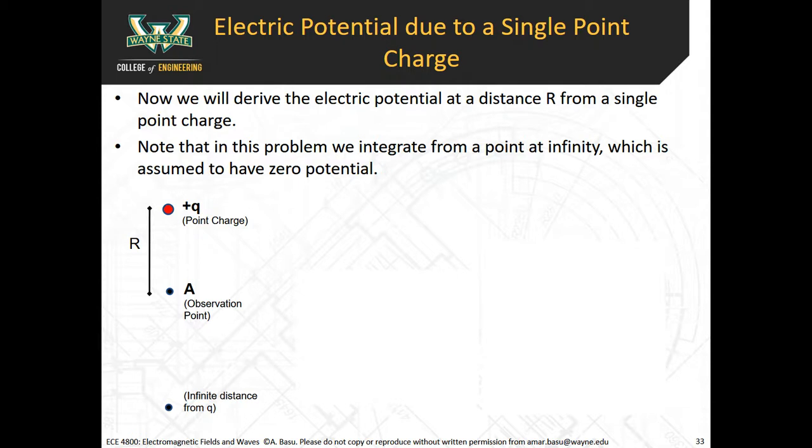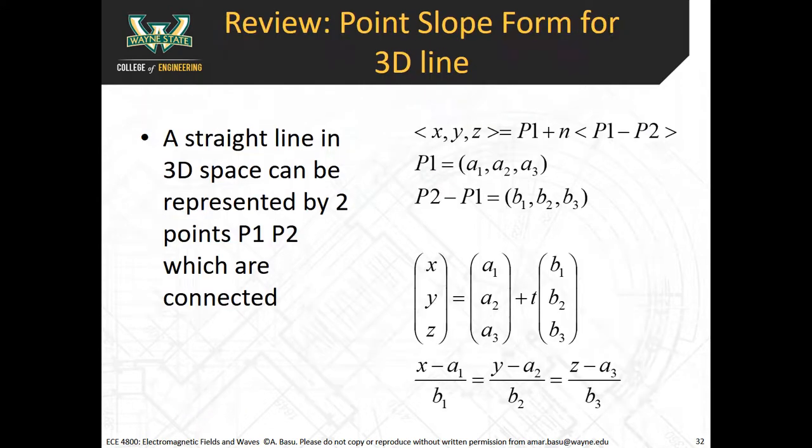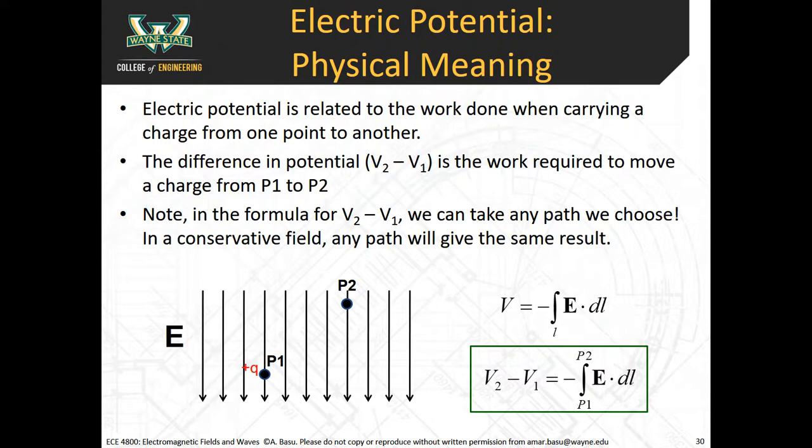Now we're going to do a problem where we find the electrical potential due to a single point charge. So this is another thing that I would like everyone to just try on your own and see if you can figure it out. What we're doing now is applying this formula, which is also up on the board. V2 minus V1 is equal to the integral from P1 to P2 of E dot dl, and there's a negative sign there.